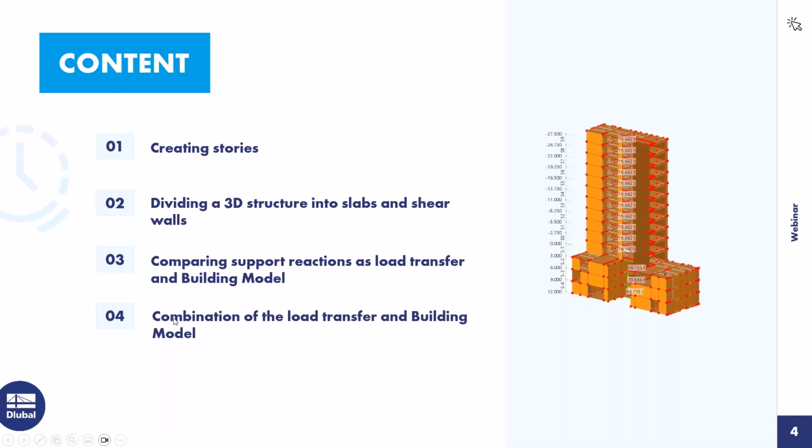Last but not least, I will show you the combination of the load transfer and the building model, because I chose this building that I'm using today because it's nearly perfect for showing the advantages of the building model add-on, but also the function support reactions as load transfer, because it is smaller on the top.